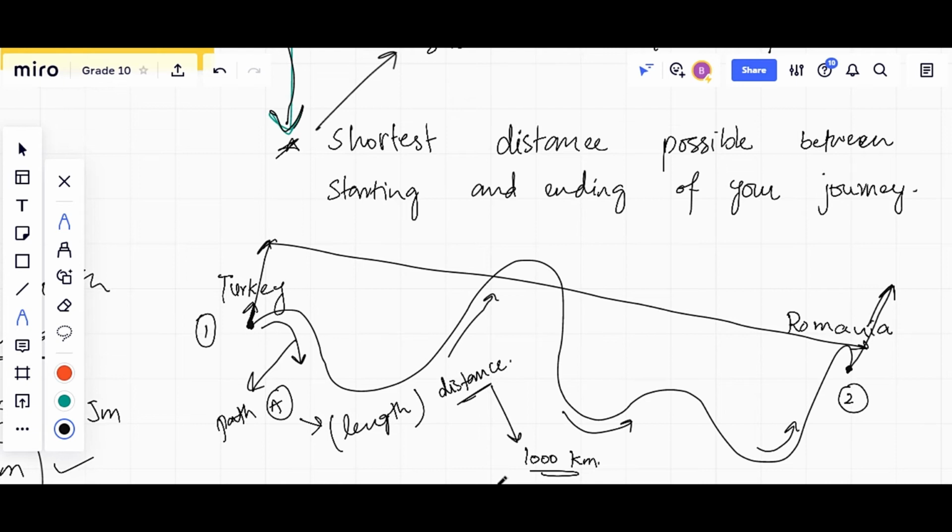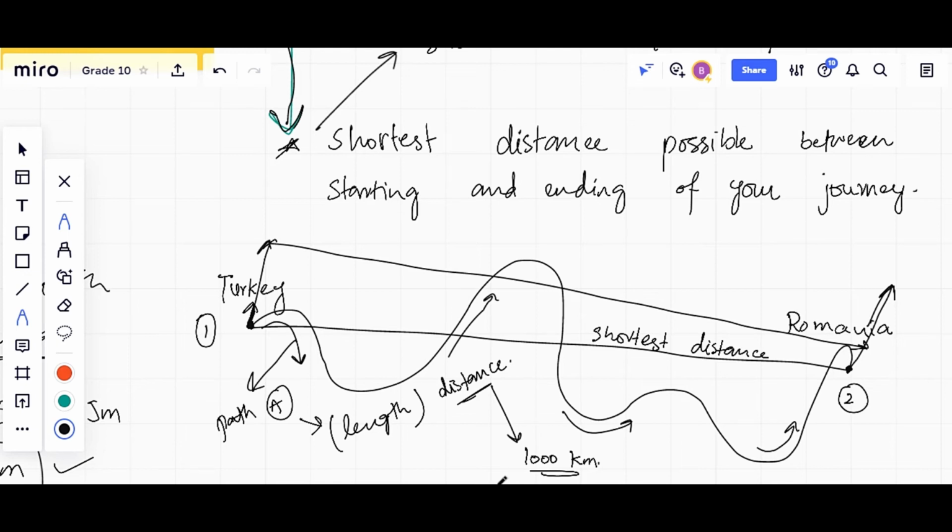if you move directly between these 2 points like this, this is considered your shortest distance, because we are not taking any turns, we are not increasing the length of our journey, we are just moving straight in the direction of our nose and reaching point number 2. That is why we call it the shortest distance between 2 points.